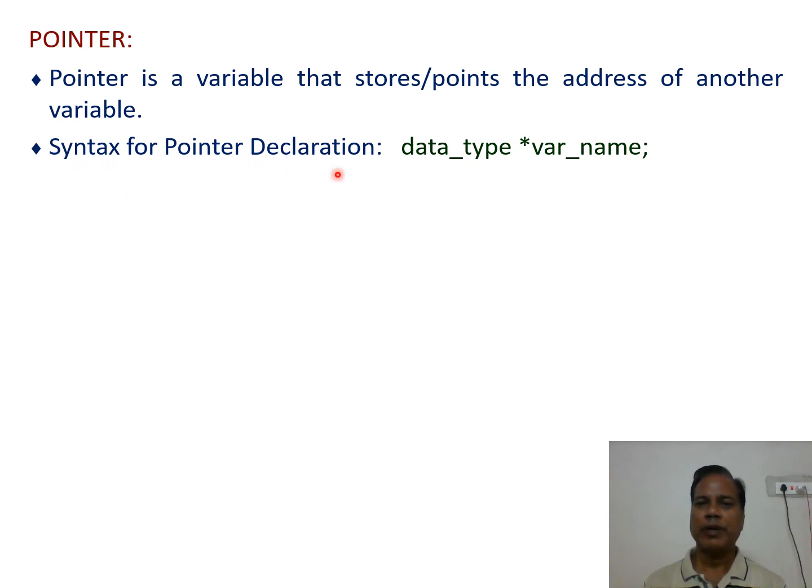The syntax for pointer declaration is like this: data type, then the asterisk symbol, that is also called the star symbol, with the variable name, and at the end a semicolon. For example, int *p; and the second statement, char *p;.